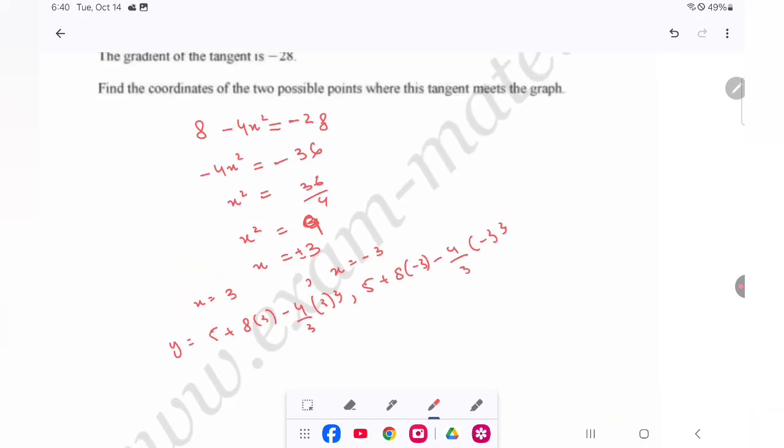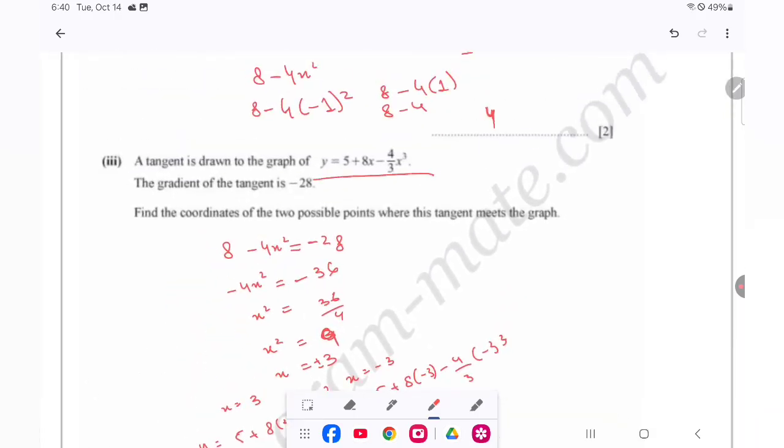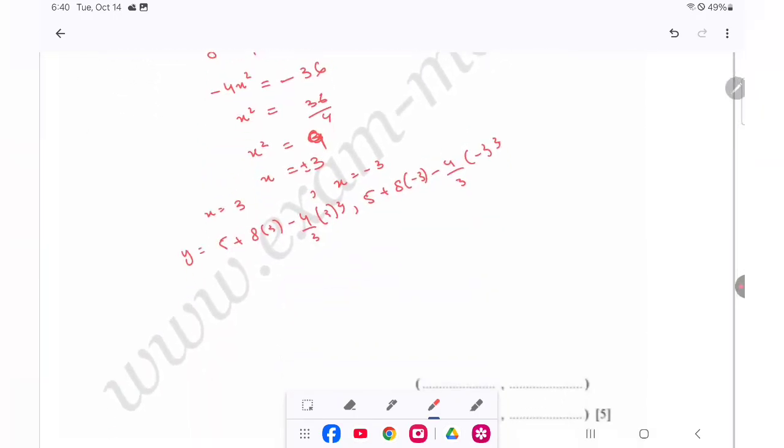Now put first x is equal to positive 3 and second x is equal to negative 3 in the given equation of y is equal to 5 plus 8 times 3 minus 4 over 3 times 3 cube, and also 5 plus 8 times negative of 3 minus 4 over 3 times negative of 3 cube, because we are using our first condition, which is this, to get the value of y.